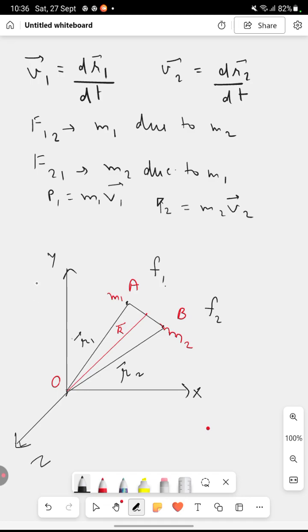Now the rate of change of linear momentum means dp1 upon dt. It will be equal to the total force exerting on particle m1, that is F1 plus the force exerted by m2 on m1, which is F12.